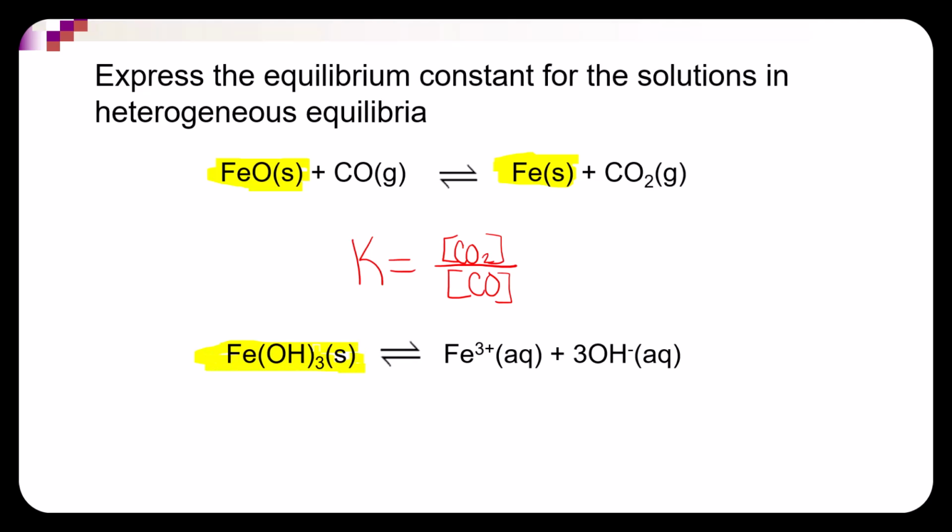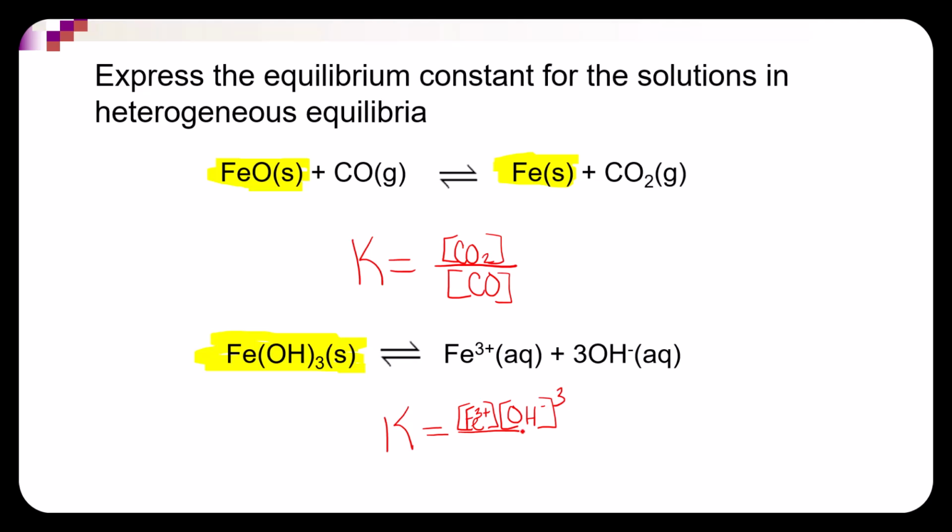And then same thing for this guy down here. Iron hydroxide is a solid, not included. These two are aqueous. They absolutely are included. So the K equation for this one would be products over reactants. So the concentration of our iron ion times the concentration of our hydroxide.